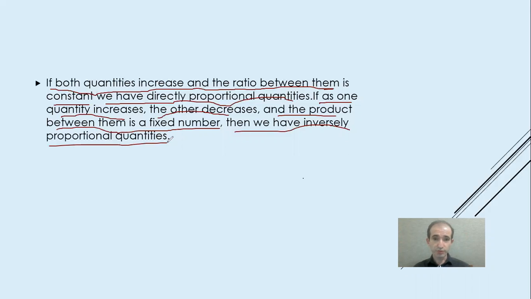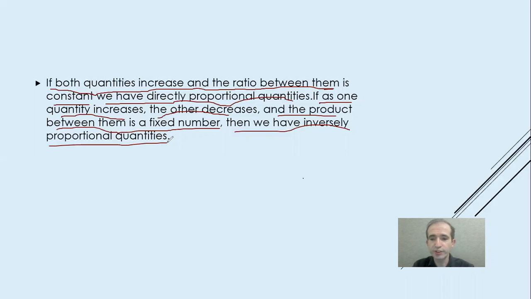You need to do the multiplications, multiply the informations, and get a constant value also. Without this kind of test you can't conclude exactly, because you can think that the informations are directly proportional because one increases and another one also, but if you don't do the test, you are wrong in this case.